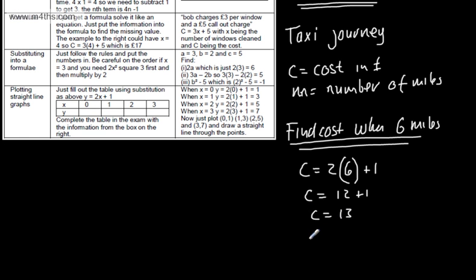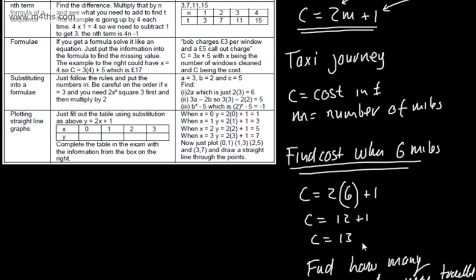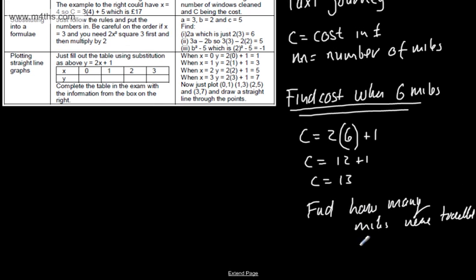Now we might be asked to find how many miles were travelled. Just hit pause if you are struggling to keep up with what I'm writing, because I'm scribbling. How many miles were travelled if the charge was £21?